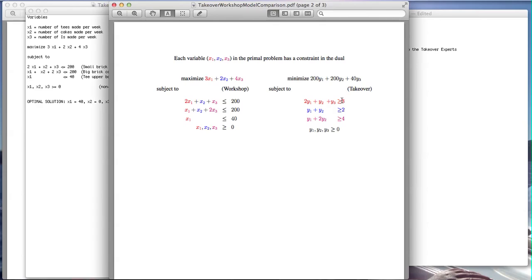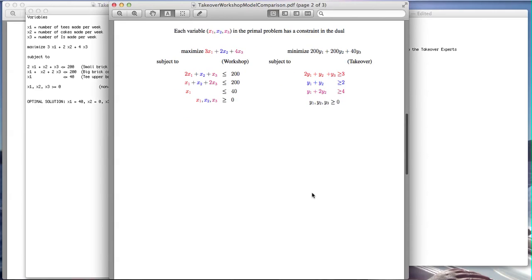What becomes interesting is that the right-hand side of the takeover constraint is the objective function coefficient of the x1 variable. This relationship also holds for the cake production decision variable and the I production decision variable. The cake is highlighted in blue, and the I is highlighted in light purple.